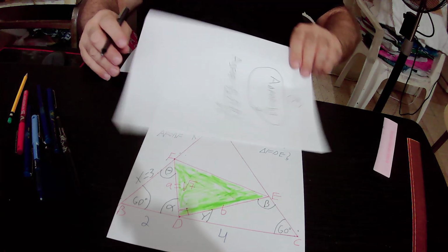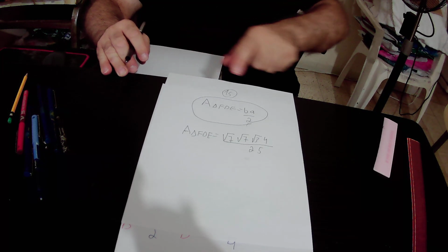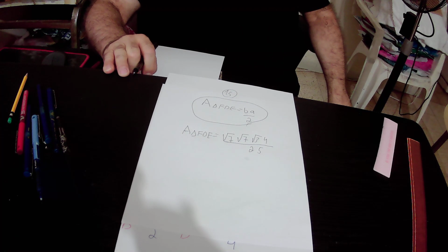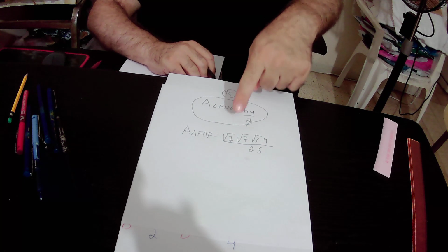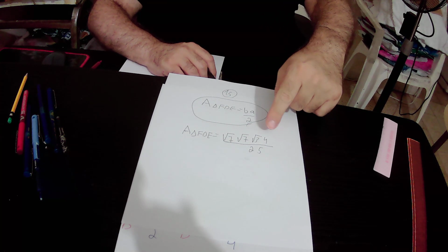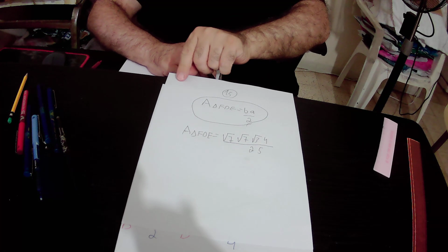Okay, that is the area of the green triangle. We know that root 7 times root 7 is 7, and 4 over 2 is 2, so I write it down.